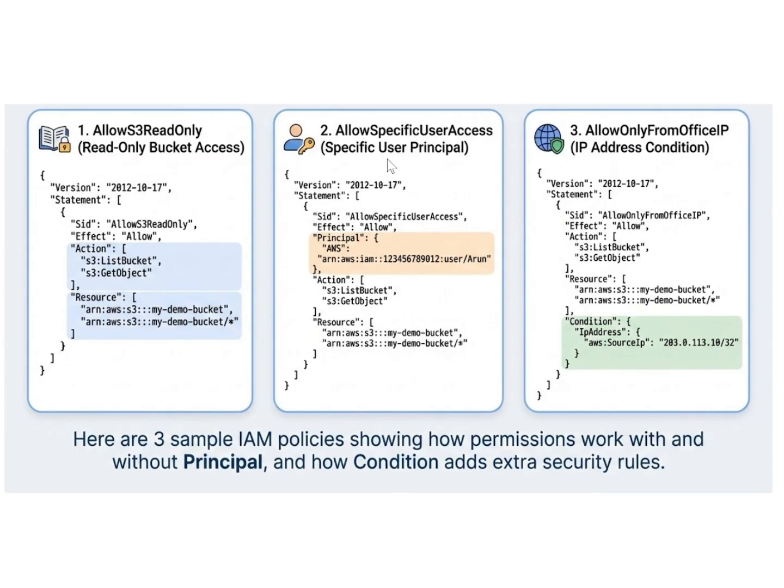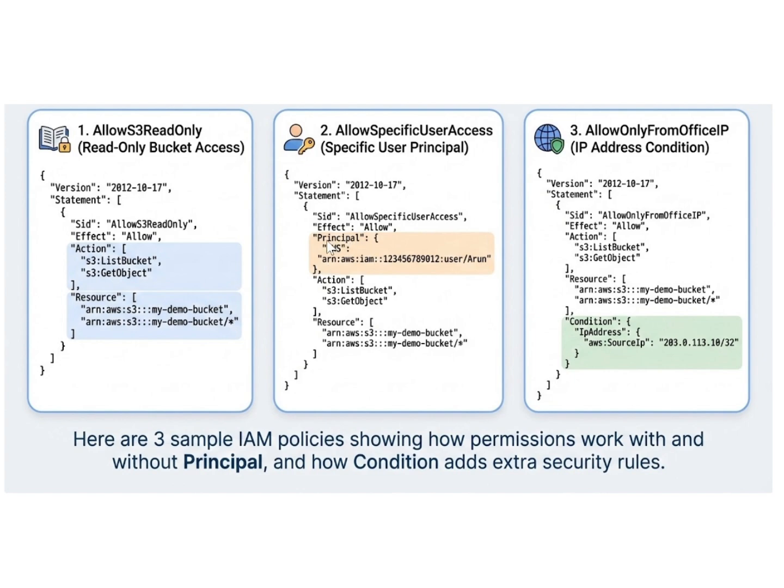Moving on to the second policy, let's discuss this. As I mentioned earlier, there is one more component called principal. What do you mean by principal? If you are adding a principal, it is not a mandatory field.